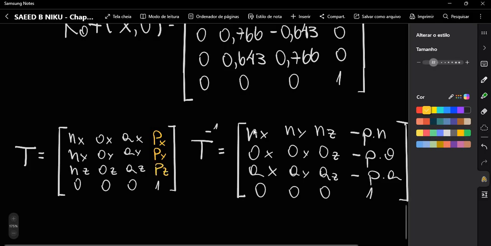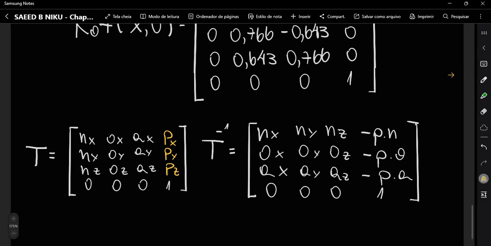So if they are 0, we don't have any vector.